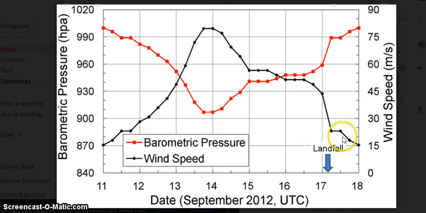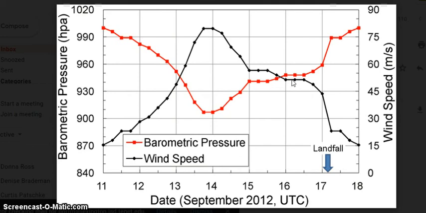So wind speed and pressure have an inverse relationship, which means when one of them increases, the other one actually decreases. Okay? So I want you to realize that, because that's a very important relationship. One of the big indicators of a very, very strong tropical cyclone is a really, really low barometric pressure.